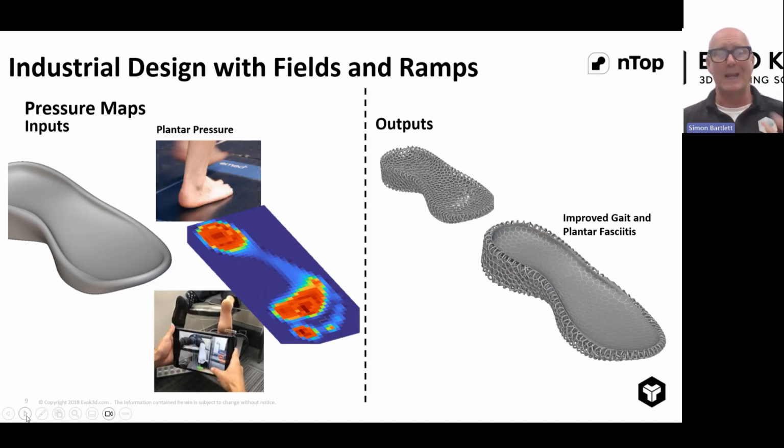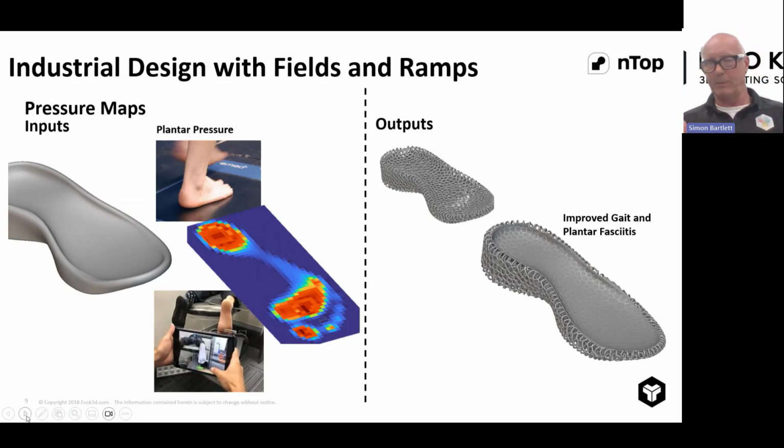One is the plantar pressure input, looking at the physical pressure that we are applying to that sensor. This gives us that digital output, that color map that you see. Below that, we've got another input, which is the biometric data of the patient. And we can bring those two together.